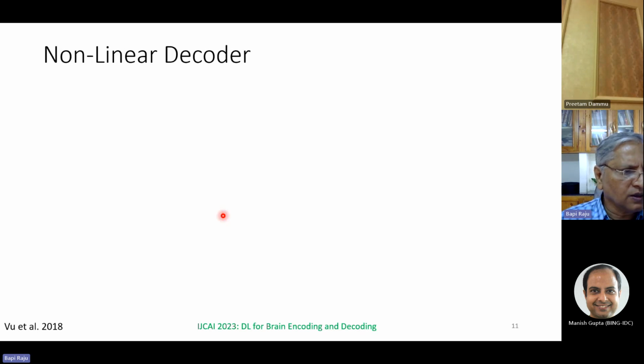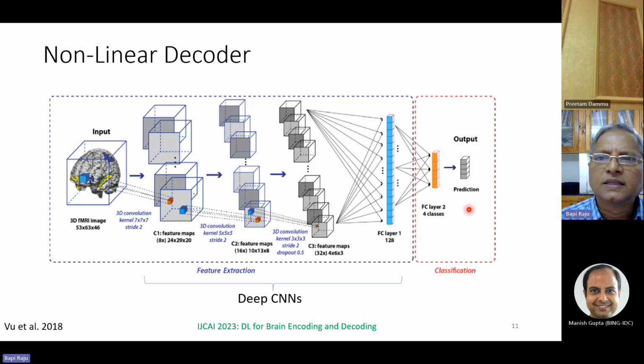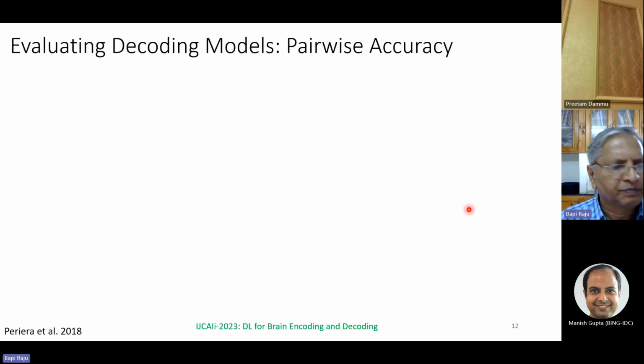Or you can model this in a more complex way: the 3D brain image scan is fed to a 3D CNN, for example, which comes up with a feature vector that represents the brain activity, and you use this feature vector to do the decoding task, either classification, stimulus representation prediction, or reconstruction. Right, so deep CNNs are used to process the brain imaging activation vector.